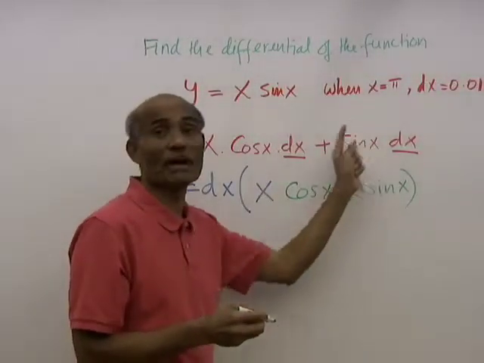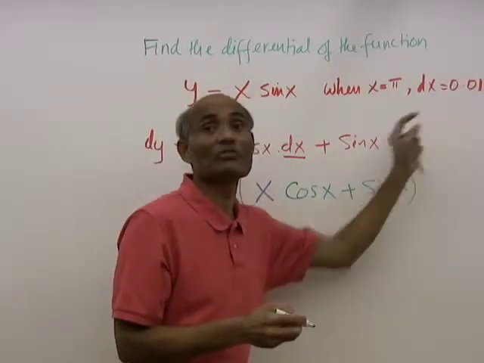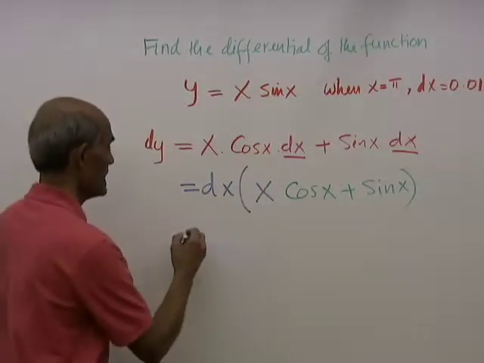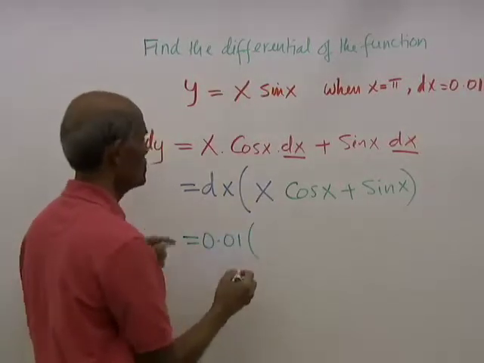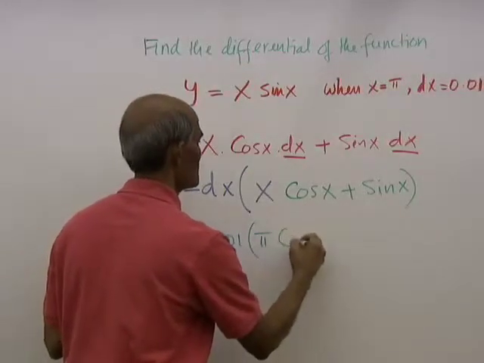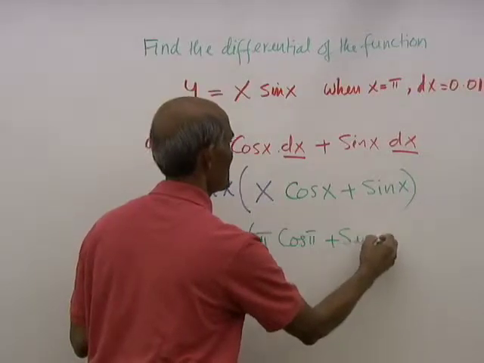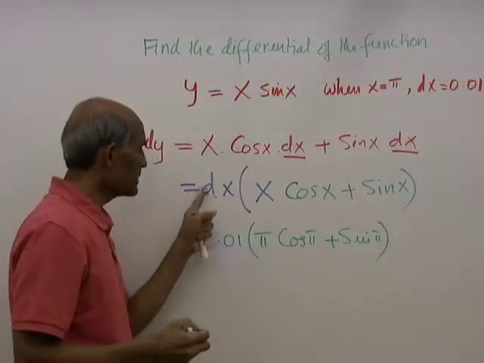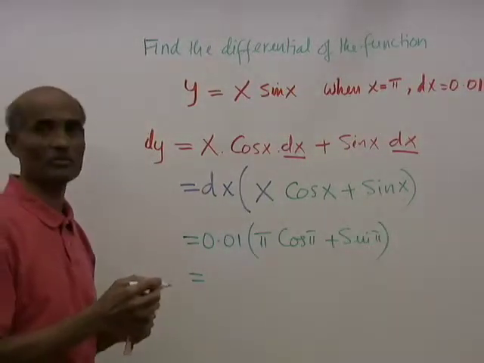And we need to find the differential when x equal to pi and dx equal to 0.01. Now put those values in here. So this will be 0.01, that is dx, times x equal to pi times cos of pi plus sine of pi. Replace x by pi and dx by 0.01. What's the value of this?